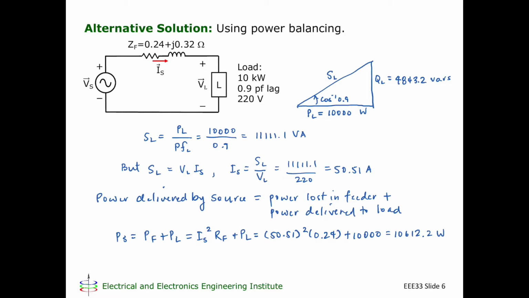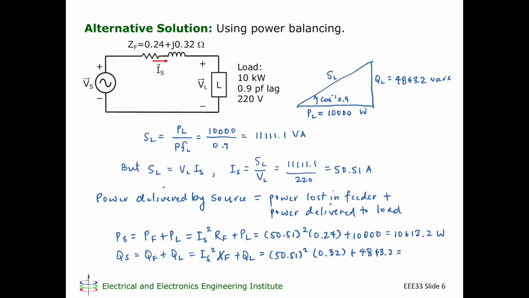And I can do the same thing for Q of S. The reactive power delivered by the source will be the reactive power lost in the feeder plus the reactive power that is actually delivered to the load. So this is I S squared times X of F, the reactance of the feeder, plus Q of L. This is 50.51 squared times 0.32 plus 4843.2.